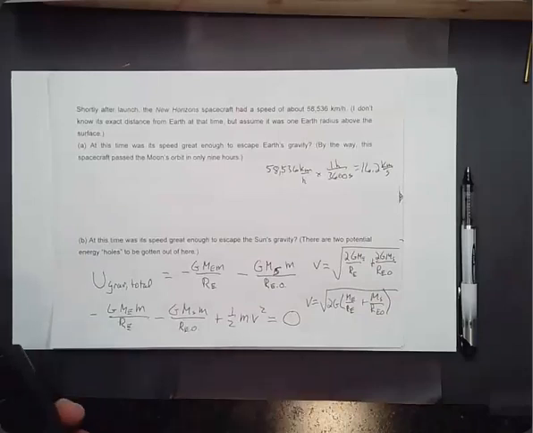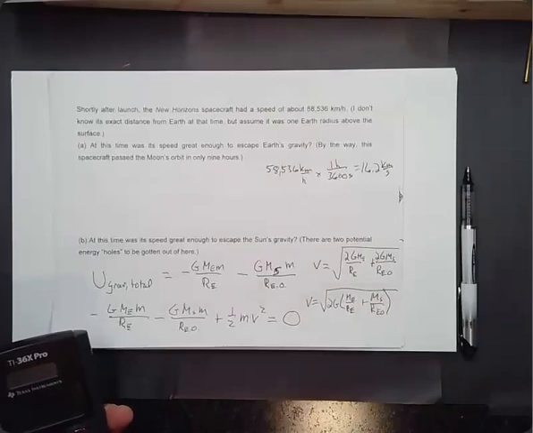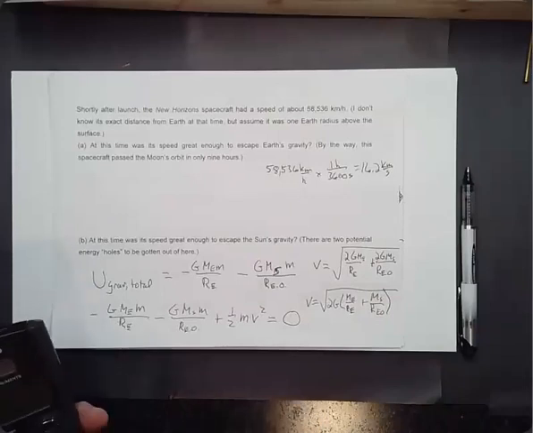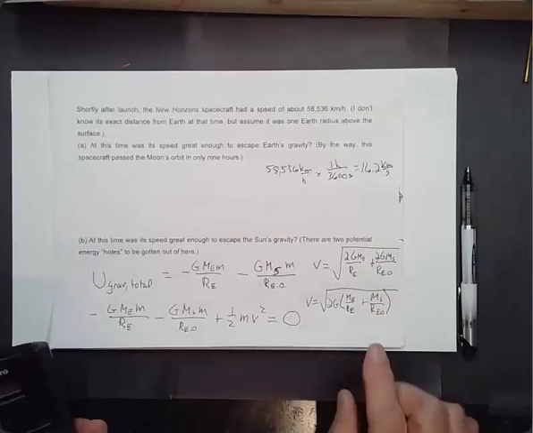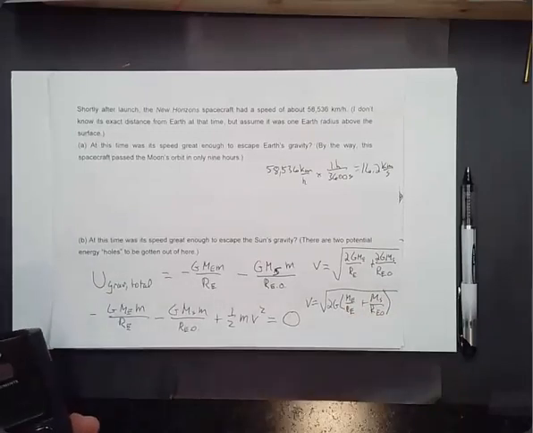I'm just curious what the escape speed is from there, and then we'll stop for today. Mass of the Earth, 5.97 times 10 to the 24th. Sorry, I'm not writing all these down.